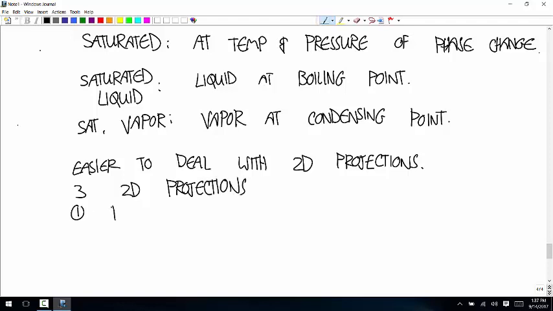The first one is called the phase diagram. That's a pressure versus temperature graph.